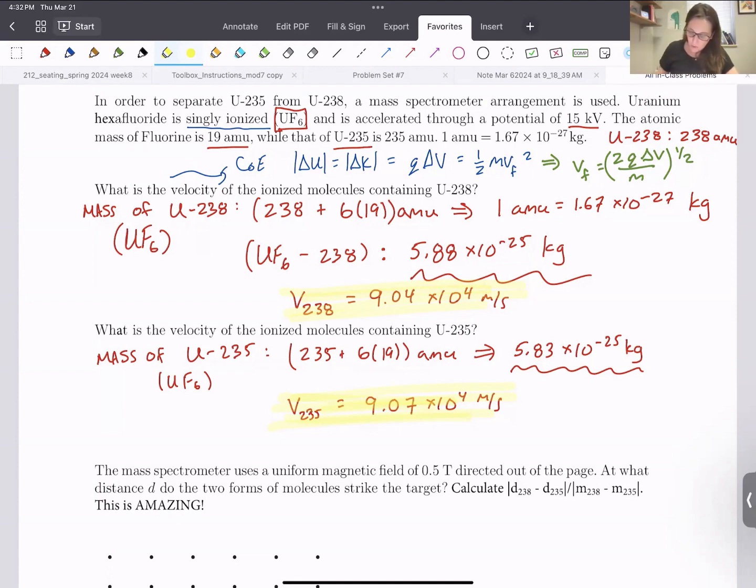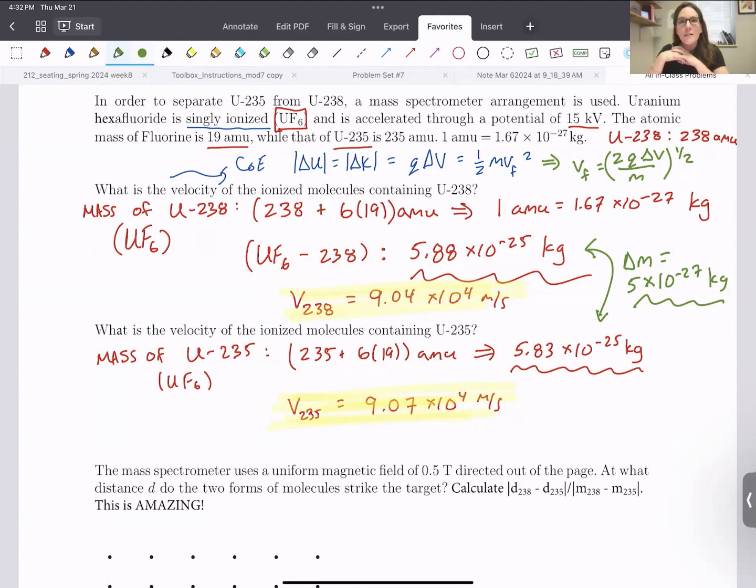All right, awesome. So those are my two different speeds. And then what I am going to point out here is that my change in mass, the difference in mass, is only on the order of 10 to the minus 27th. So 5 times 10 to the minus 27th kilograms. So that's tiny, like crazy tiny little mass that is different between these.